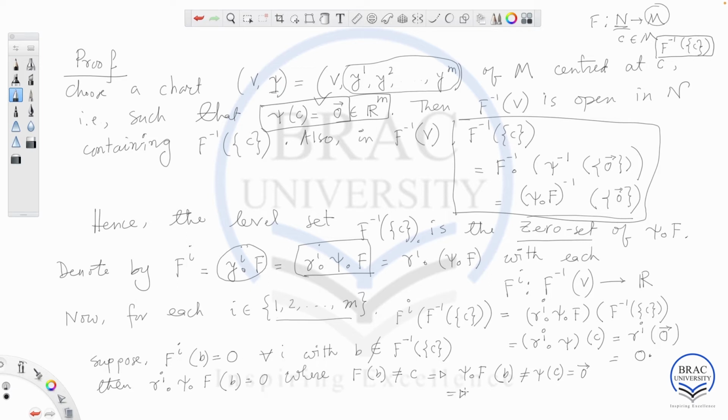And this means that Ri composed with psi composed with F of B, right, is not equal to 0 for some i in this finite set.